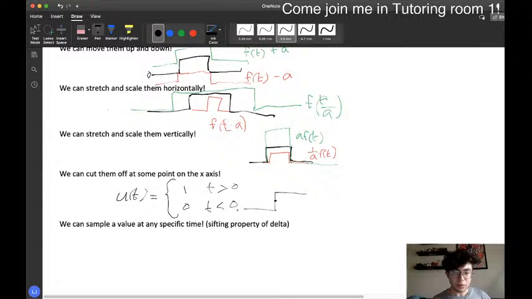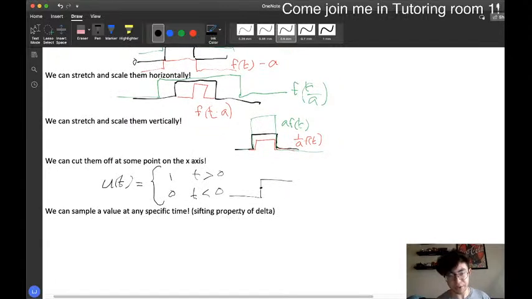So what I mean by cutting off a signal at some point in time is, say we have a signal that's a decaying exponential, right here. Let's call this x of t.